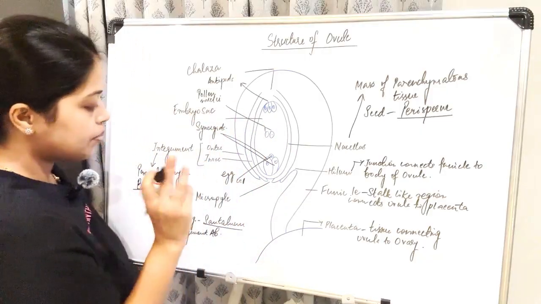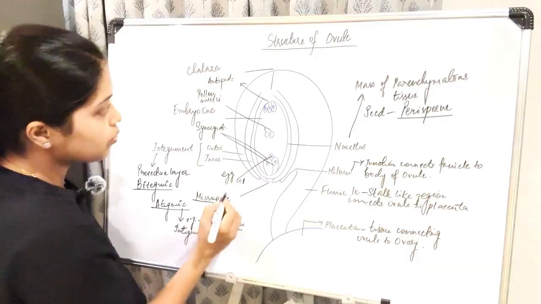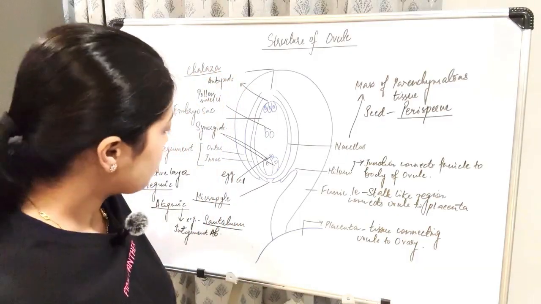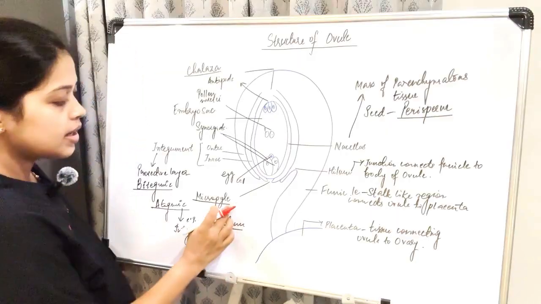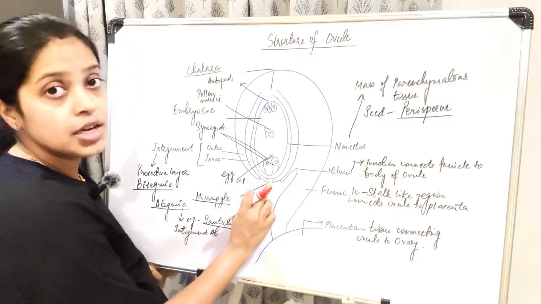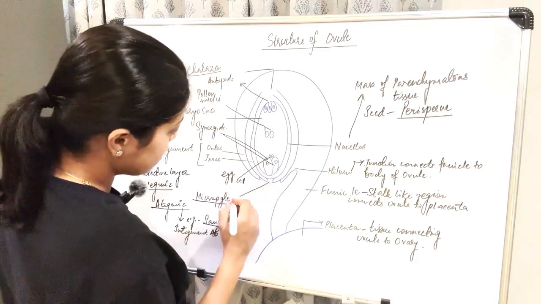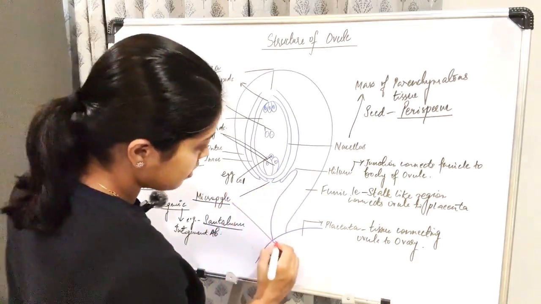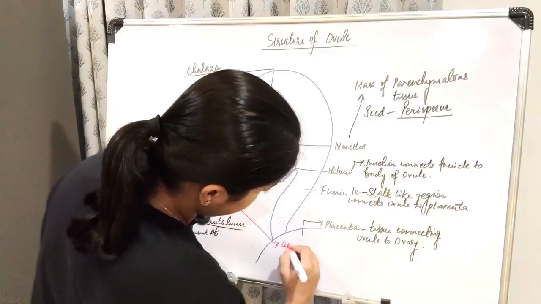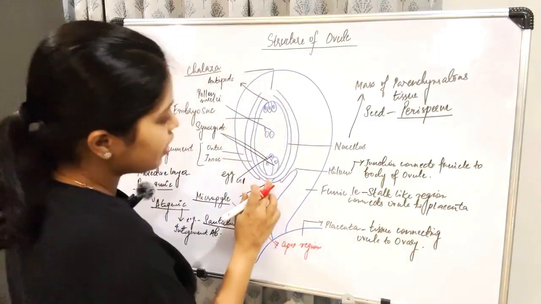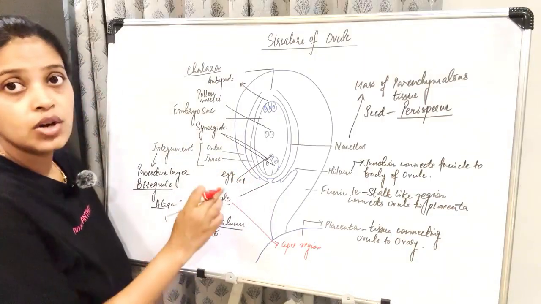Then we have two important ends. One is the micropyle, another one is the chalaza. The micropyle is this tip region, this apex region, where you don't find integument.